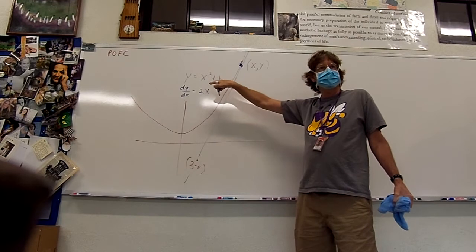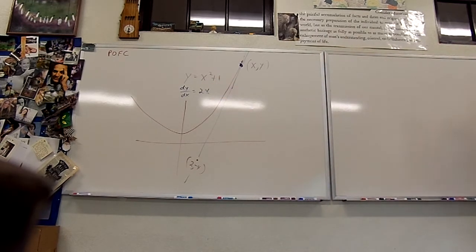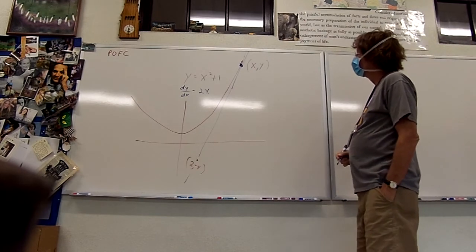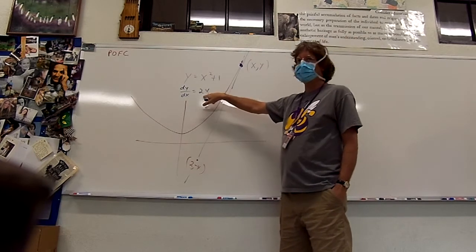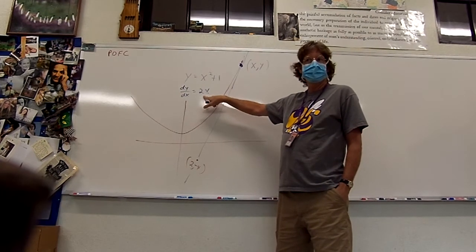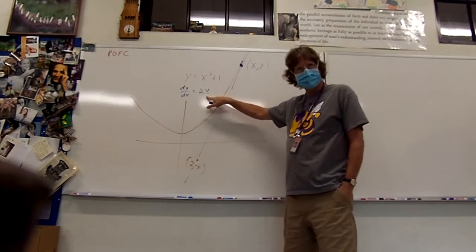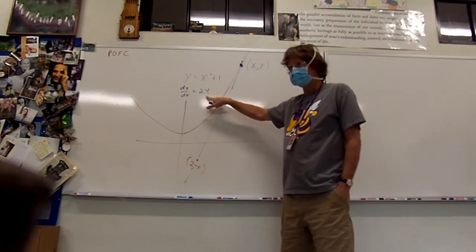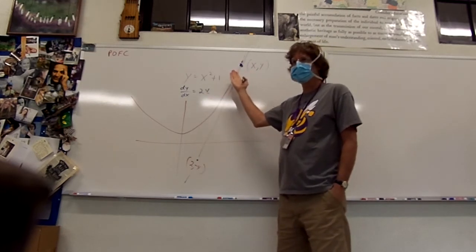On the curve. So, you got to step up. Now, I know the slope of this tangent line is 2x, but the x value has to be what? On the curve. All right? But I don't know the x value on the curve, do I?